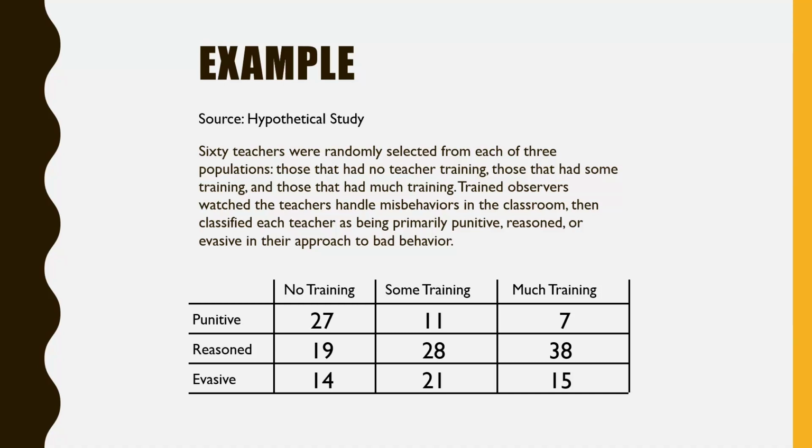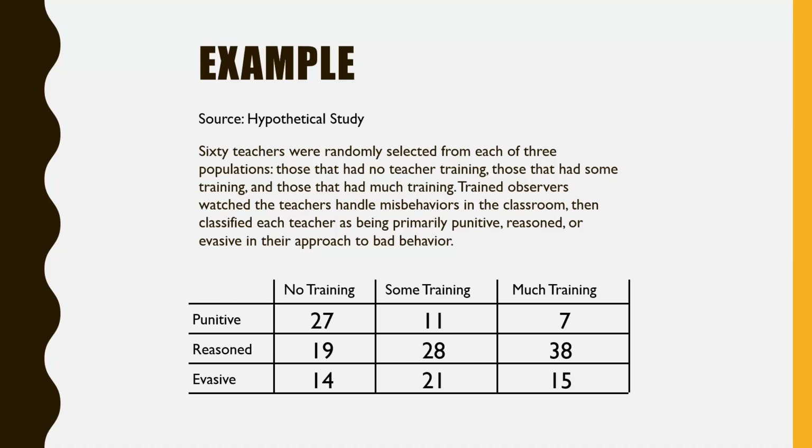Now note the numbers here are not quantities of the response measure, but frequencies for each response level. So in the no training condition, we have 27 individuals who were classified as punitive. We have 19 that were classified as reasoned and 14 classified as evasive.